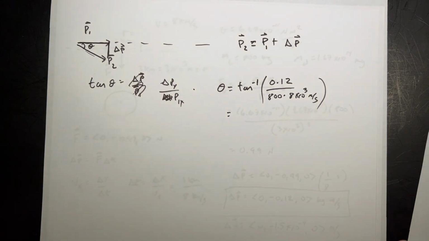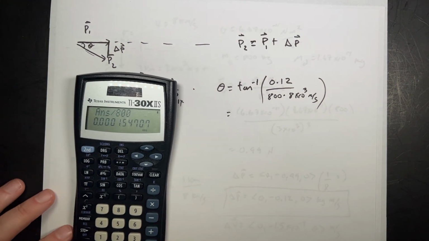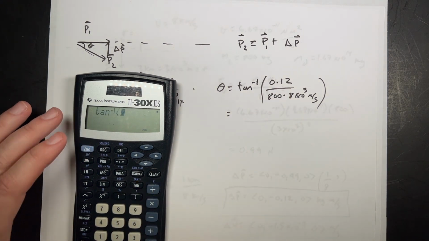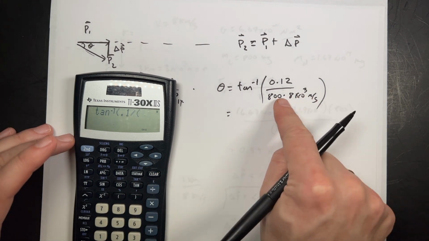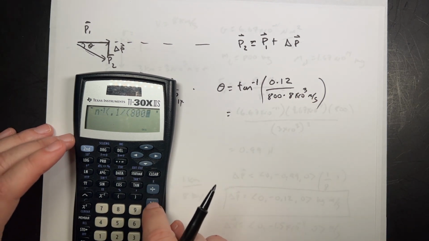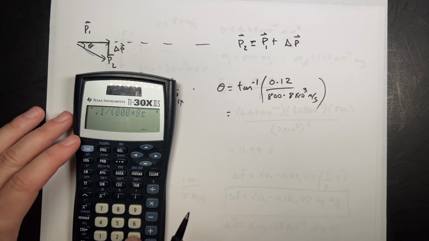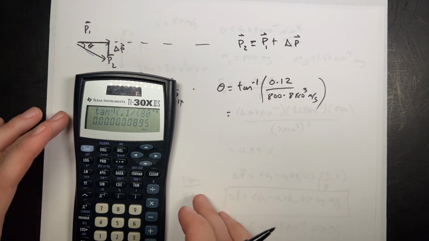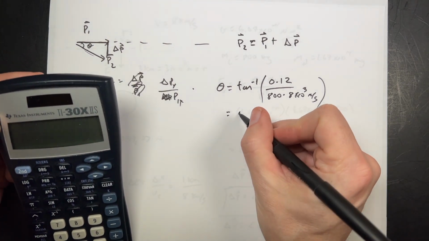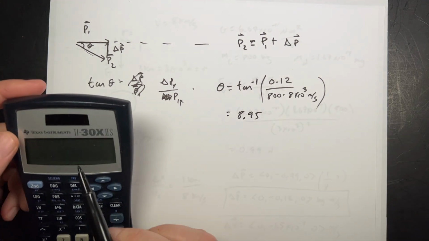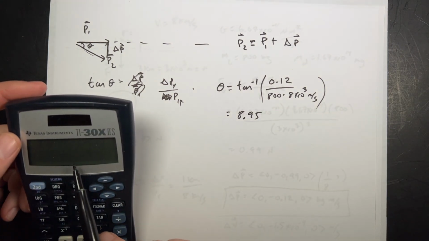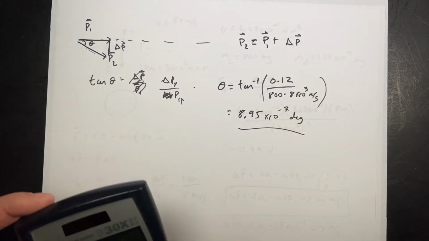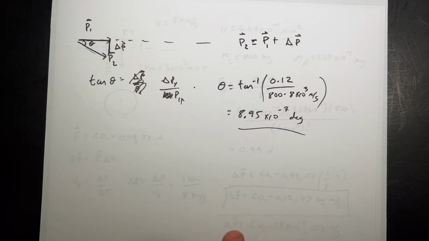So this is going to be a super tiny angle, and it's probably not even worth calculating. But clear, so I'm going to say inverse tangent of 0.12 divided by parentheses, because I need these multiplied together, 800, the mass, times 8e3, close parentheses, close parentheses. And I get 8.956 times 10 to the negative 7th degrees. So super tiny.